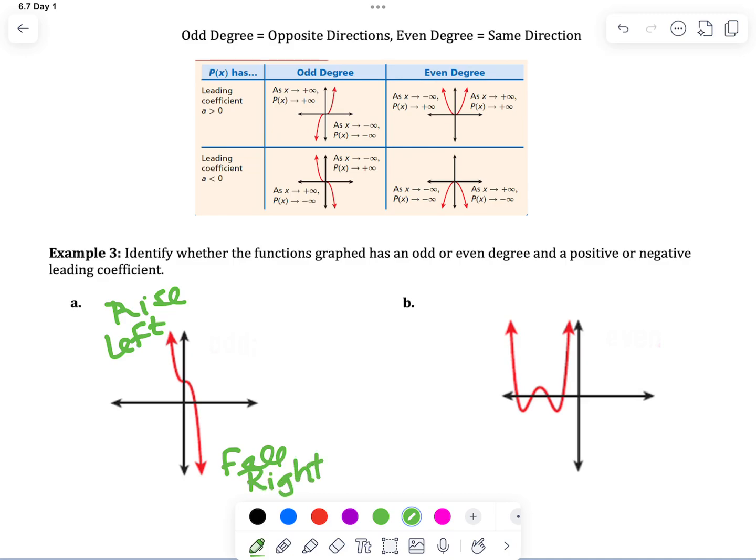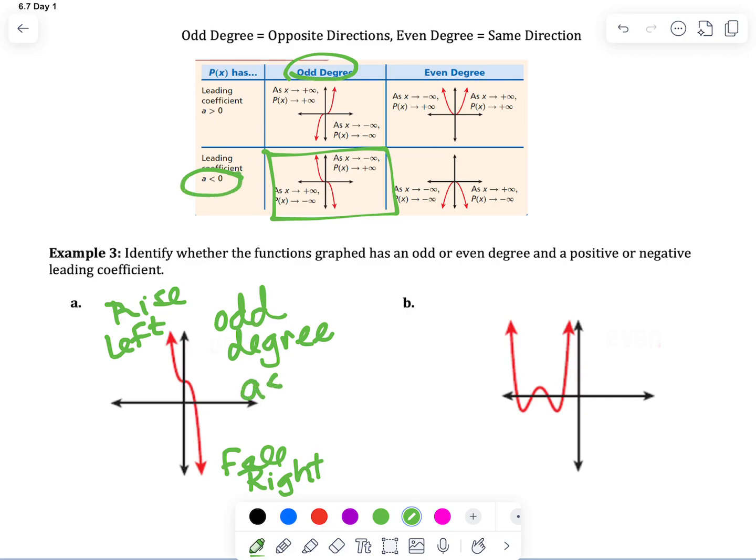So we know then that this is going to be an odd function because they both don't go up or both don't go down. So we know for sure it's going to be odd. And then notice that it's rising on the left and falling on the right. So our leading coefficient will be a negative.